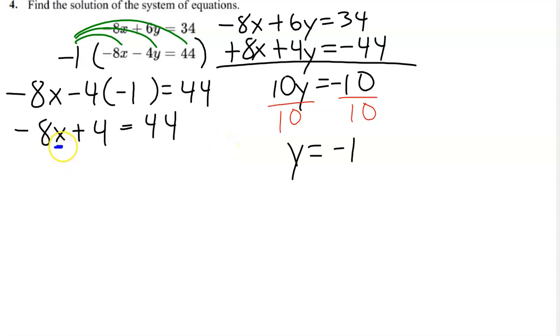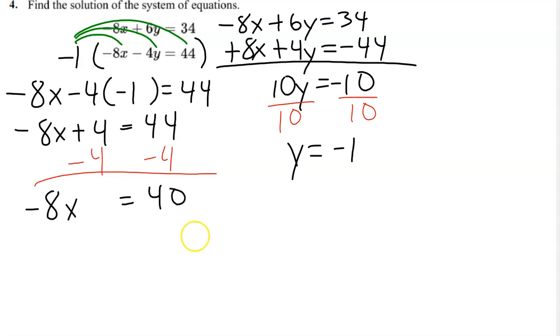Trying to isolate x here, I am going to subtract 4 on both sides. And that's going to give me 40. I'm going to bring down this -8x. This will cancel out. Now I'm just going to do the opposite of this multiplication and divide by -8.